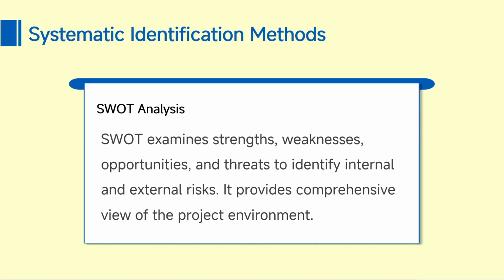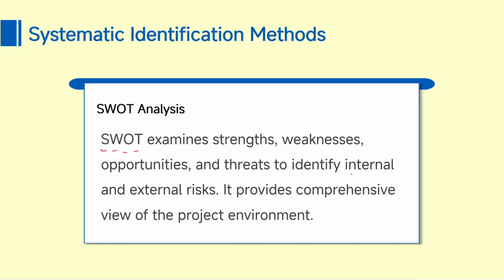Second is SWOT analysis. SWOT stands for strength, weakness, opportunities and threat. So based on the project, there will be an analysis with which we can identify what are all the threats with respect to the project.